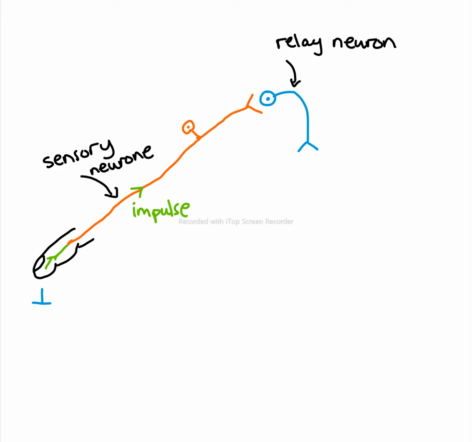Right, let's pass this on now. The relay neuron passes it on to the motor neuron. This here is the motor neuron.